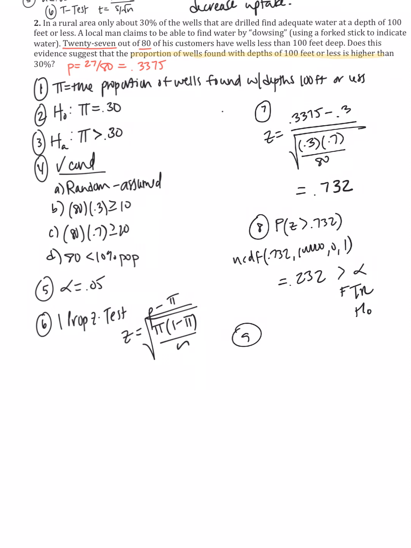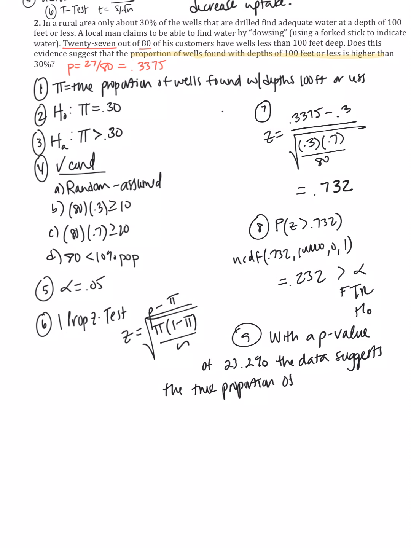So, with a p-value of 23.2%, the data suggests the true proportion of wells found with depths 100 feet or less is 30%.